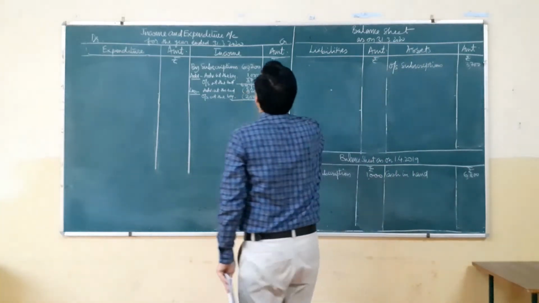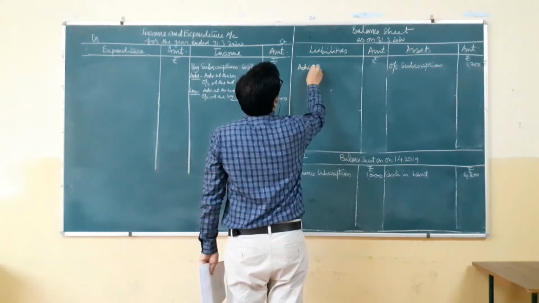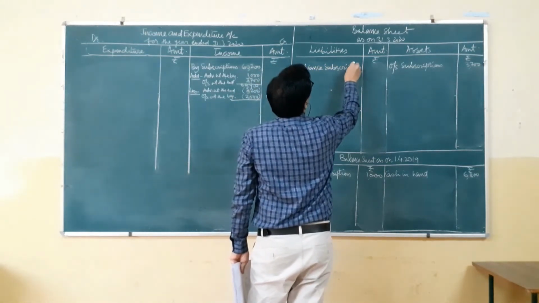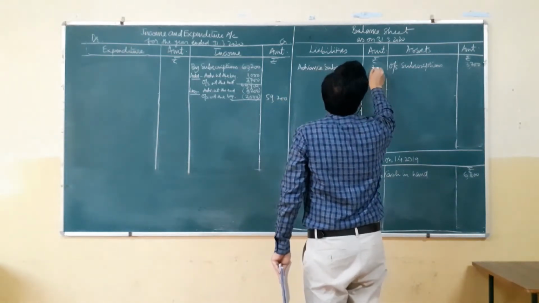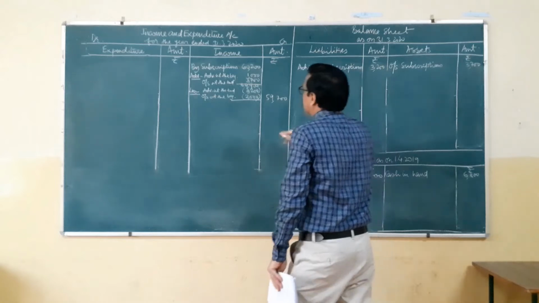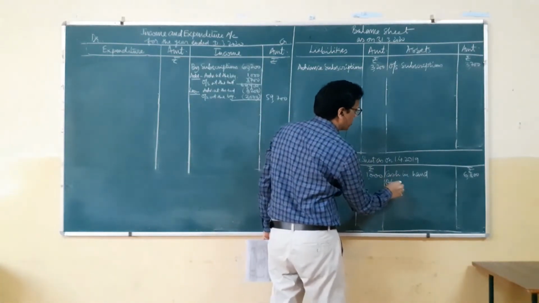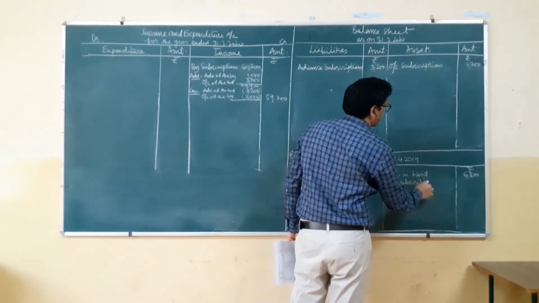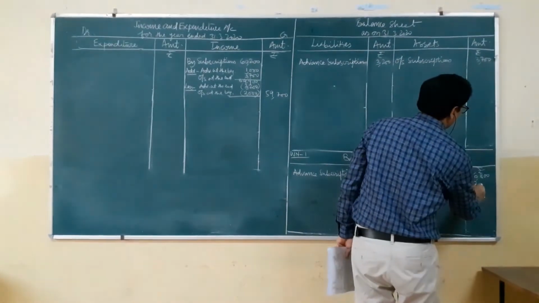Then advance at the end. Advance subscription in the closing balance sheet, liability side. We write advance subscription. It will be 3,200. Then outstanding at the beginning 2,000. It will be asset of the opening balance sheet. So outstanding subscription. It will be 2,000.